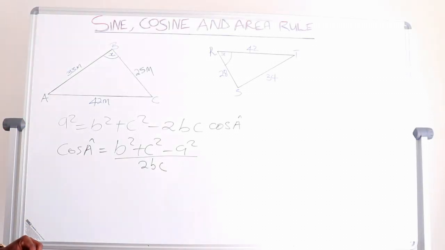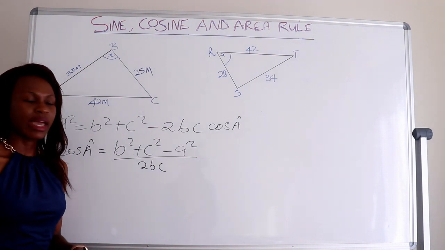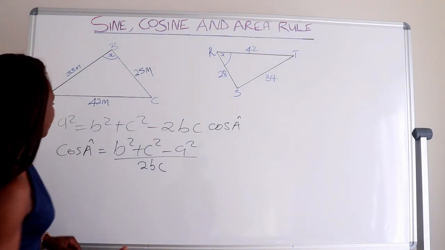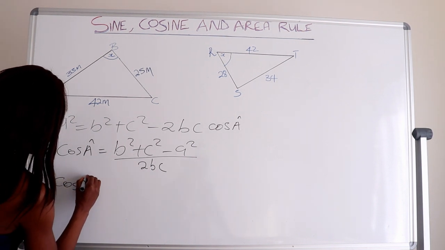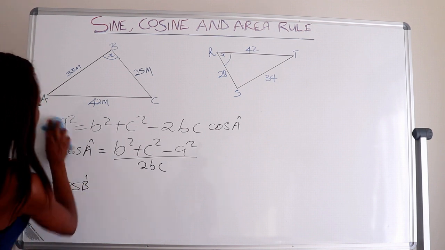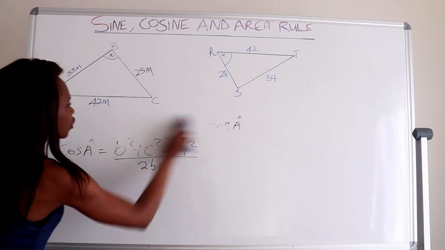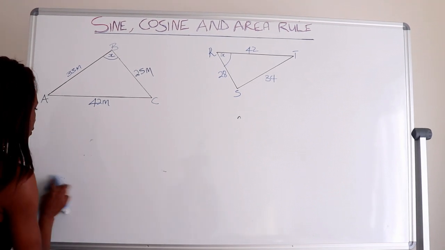Alright, let's do the first question, where we have triangle ABC and we are given the three sides of the triangle and asked to find the angle of B. Let me just erase here to make space. We already know the standard equation of a cosine rule from the previous lesson.